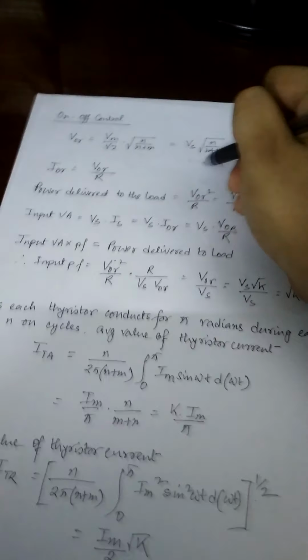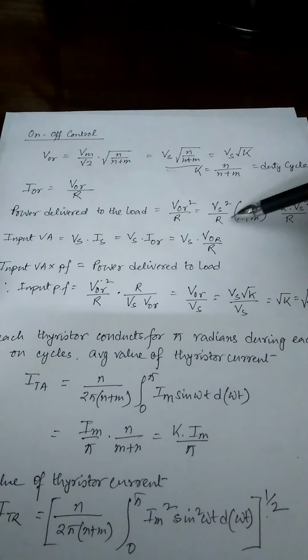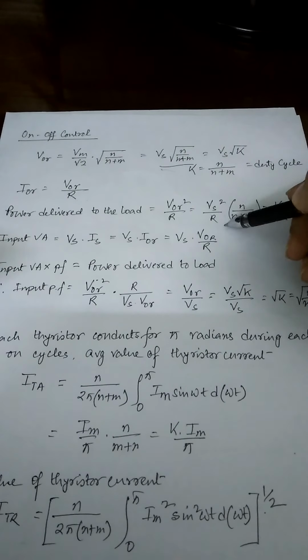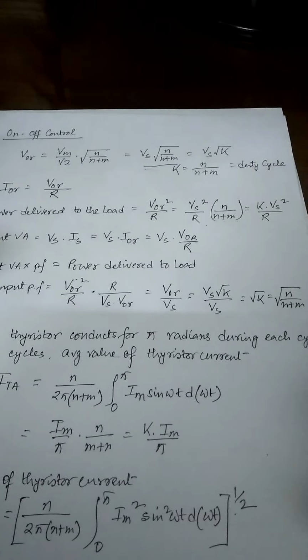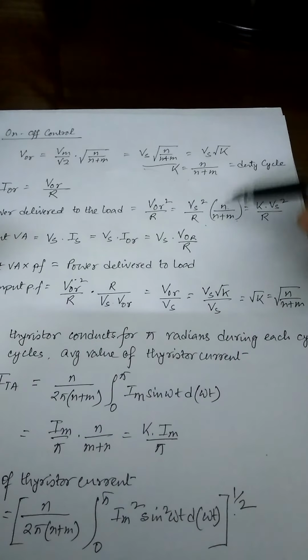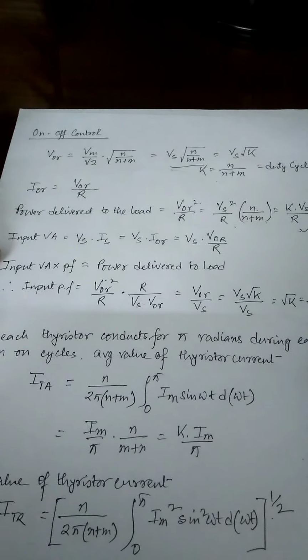If we put it here, the root will be omitted, Vs square into n by n plus m divided by R. So n by n plus m equals k, that means Vs square into k divided by R. That is the power delivered to the load.